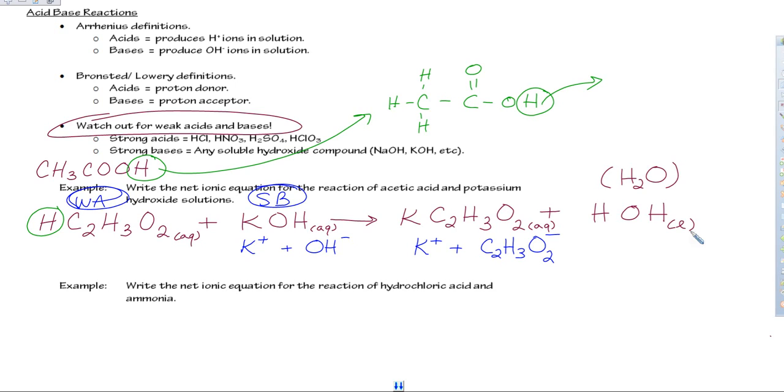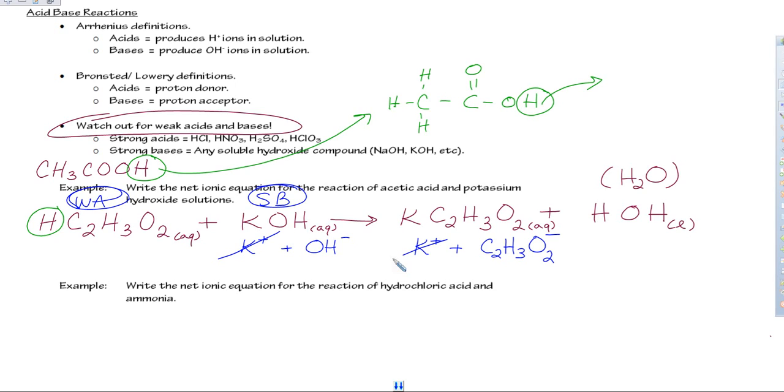That's together for life. So really, I only have one spectator here. If I look for things that are the same on both sides, the only spectator is this potassium ion. The hydroxide has to stay. On the product side, it turns into water. It's different.